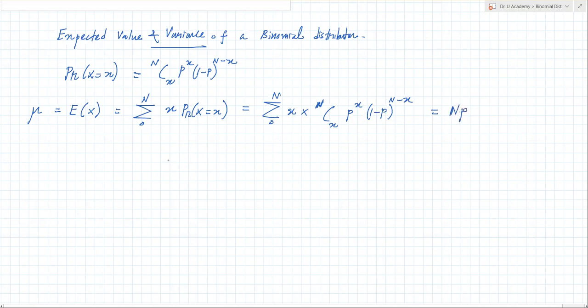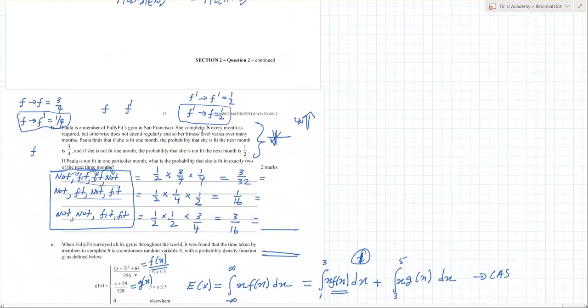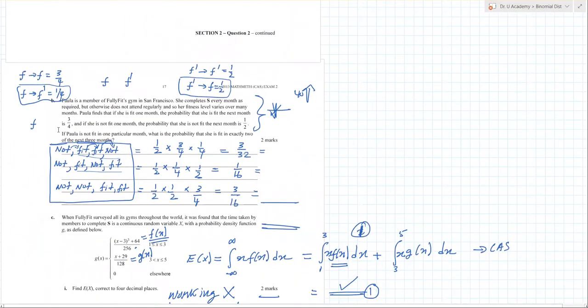This is the thing you have to understand, because in some questions they will give you the mean value. They are not going to give you the p value. They will give you n and mu value. So you can find the p value from this relation. Now you understood. In these questions here, the p value is given to you, right? See, 3 divided by 4.